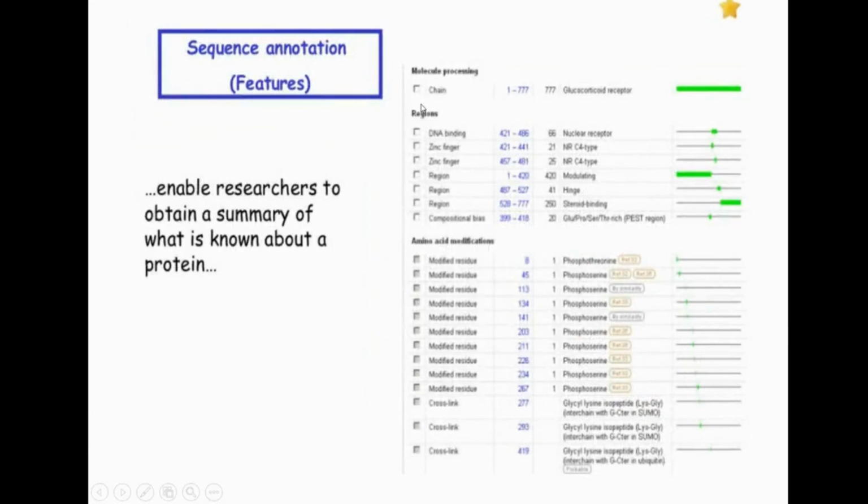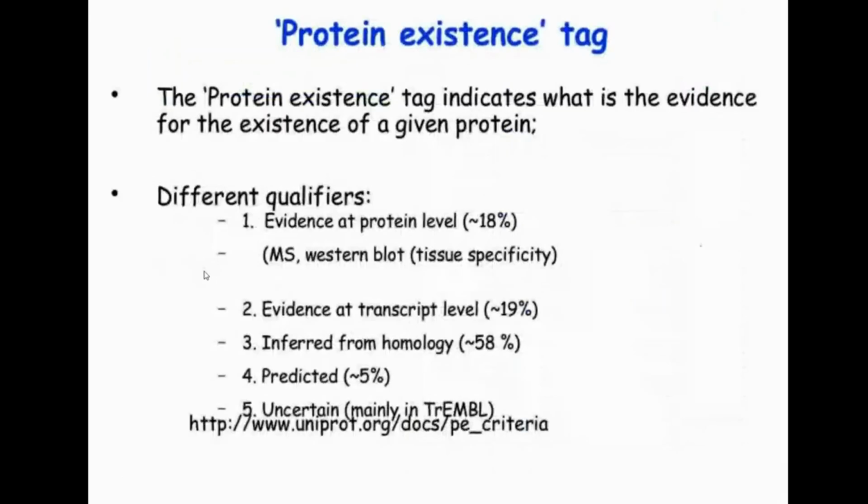The sequence annotation will contain the DNA binding site, zinc finger site, region, then modified residues, cross-linked databases, which enable the researchers to obtain the summary of what is known about that protein. प्रोटीन की जितनी भी इंफॉर्मेशन प्रेजेंट है वो सारी की सारी आपको यूनिप्रोट एंट्री में मिलेगी.